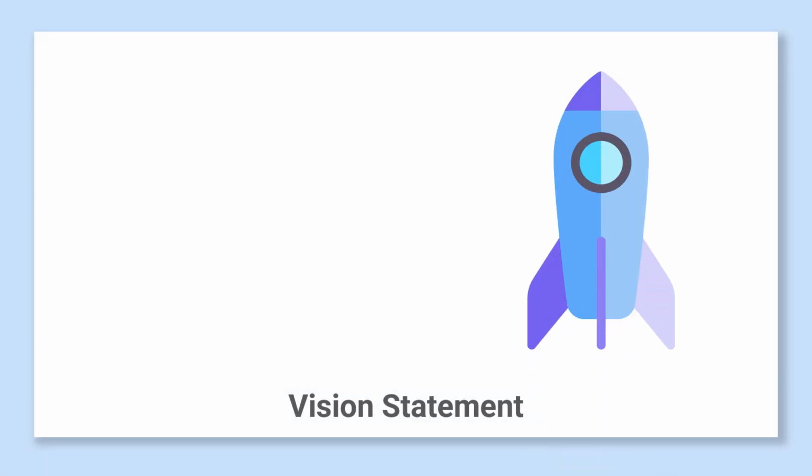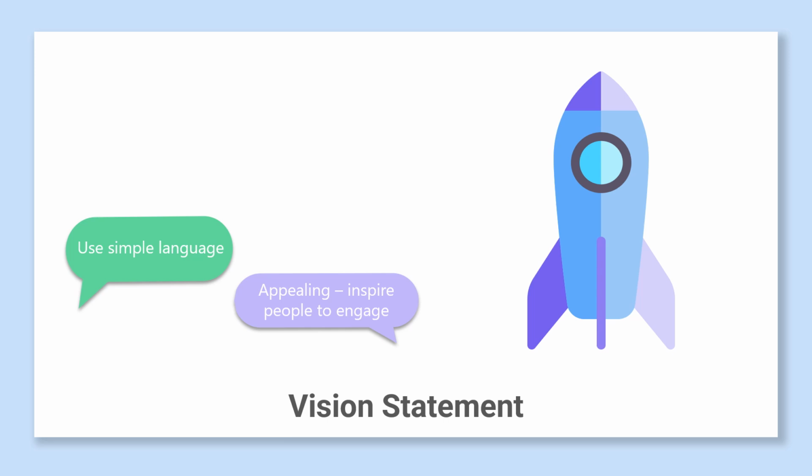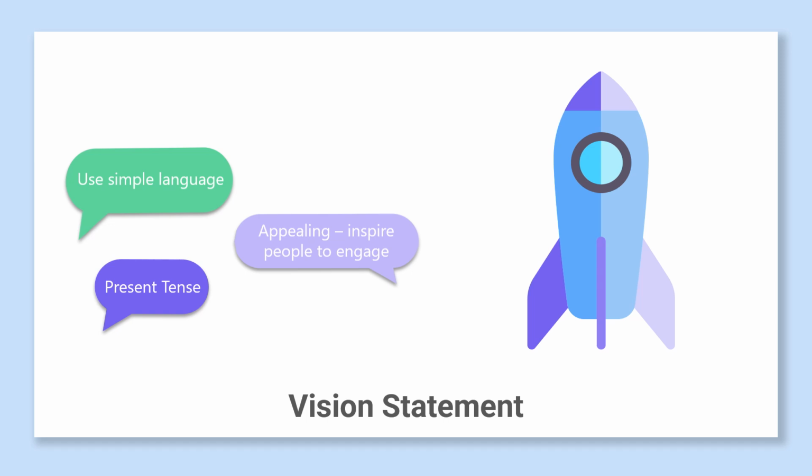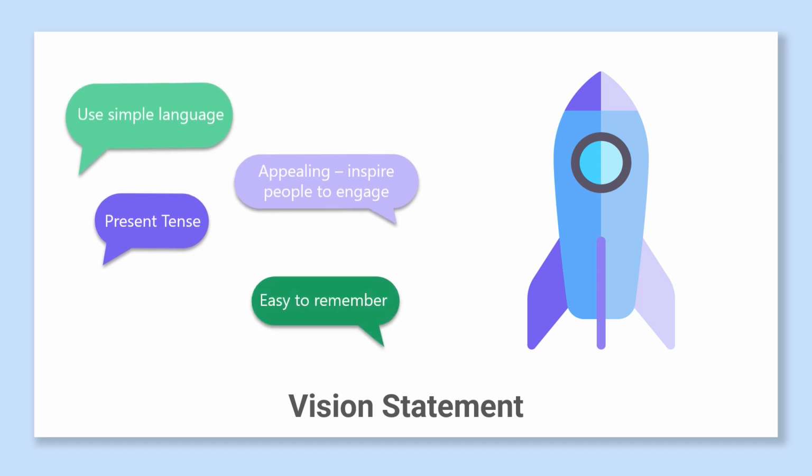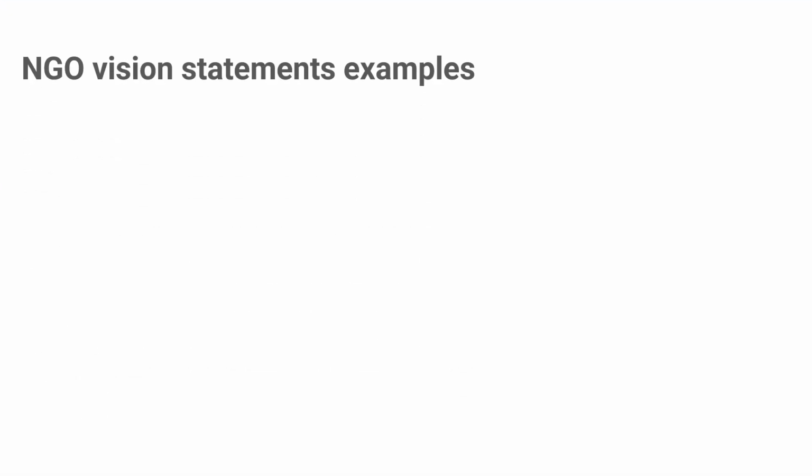An NGO's vision is usually defined and documented as a vision statement. As a guide for drafting the vision statement, you can consider to use simple language that can be understood by people of all backgrounds. To make it appealing, the vision statement should inspire people to engage with your NGO and activities. Write in the present tense and make it easy to remember.